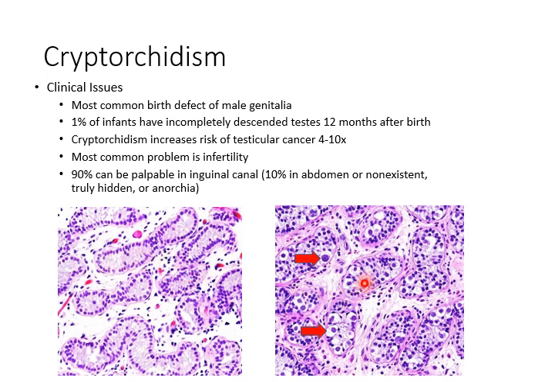Here's another cryptorchid testis, and this time we can see that the germ cell elements, the undifferentiated ones that sit around the outside of the tubule here, are really enlarged and very abnormal. And this is the precursor for a germ cell tumor. And so cryptorchidism increases the risk of testicular cancer by up to 10 times.